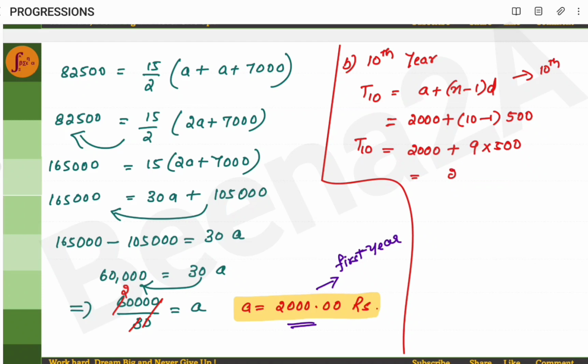That is 2,000 plus 4,500. That is T10 is 6,500 rupees. Right? So the 10th year, you would have bought the cash certificate for 6,500 rupees.